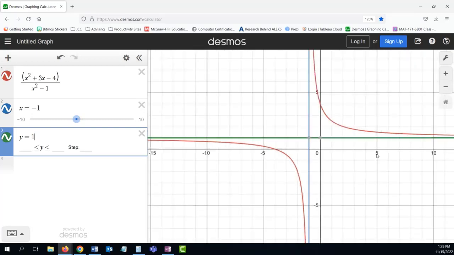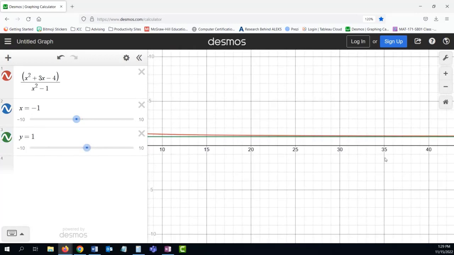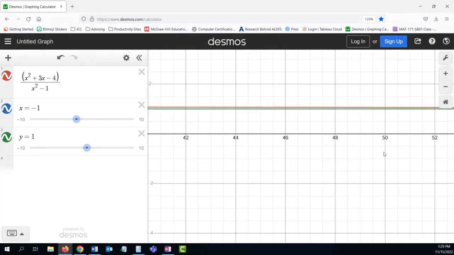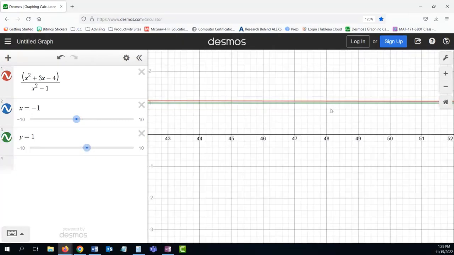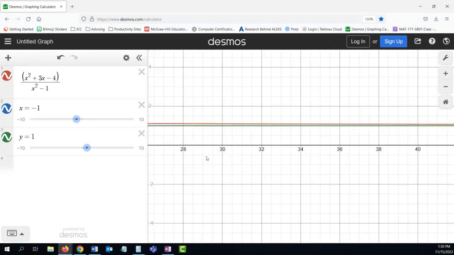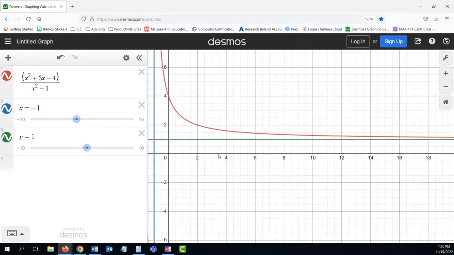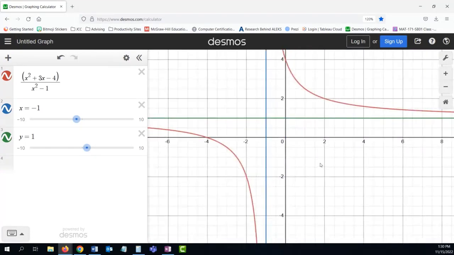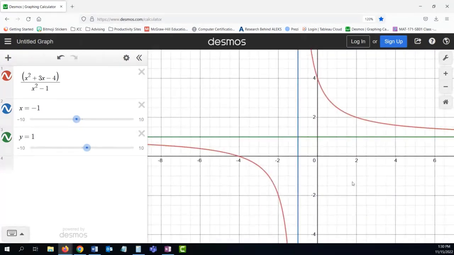What happens as x goes off to the millions, right? It keeps getting closer and closer to that horizontal asymptote. Crossing it is okay, though. It's going to happen sometimes. Vertical asymptotes, on the other hand, there's never going to be a case where they cross, okay? Because if they ever crossed, that means your function would cause division by 0, which is not allowed.